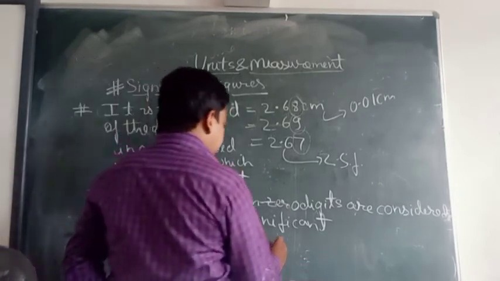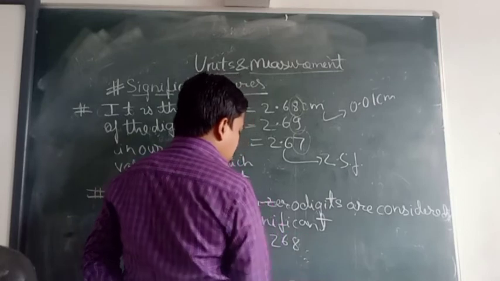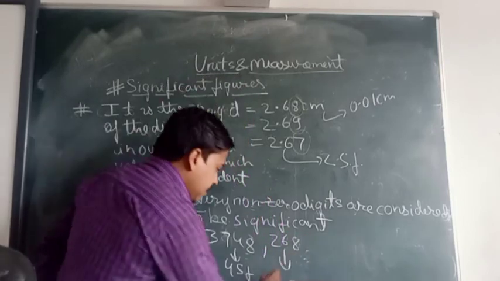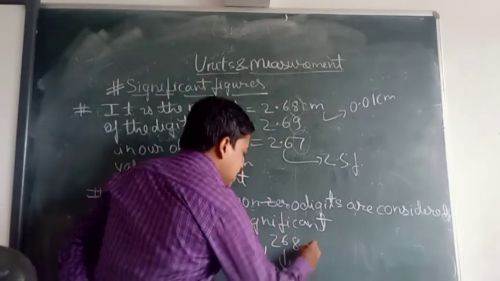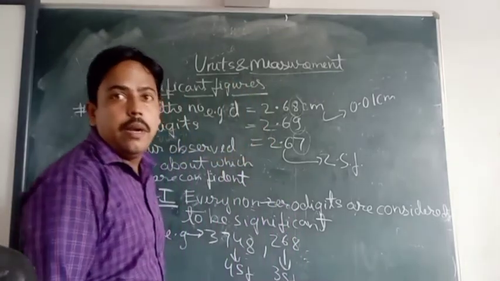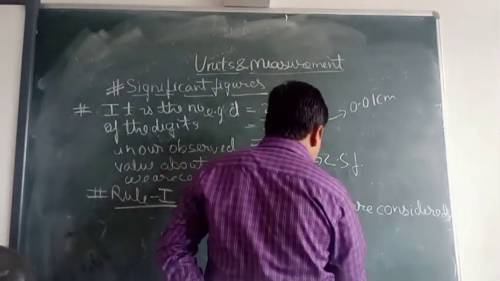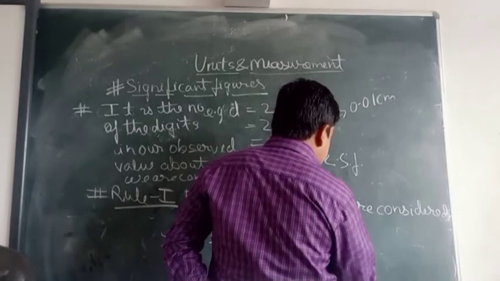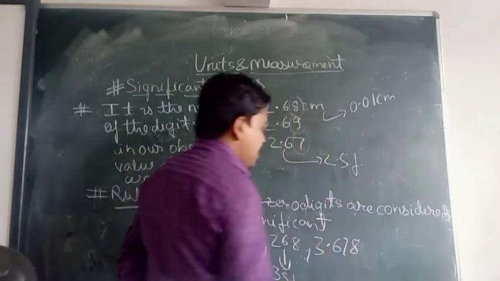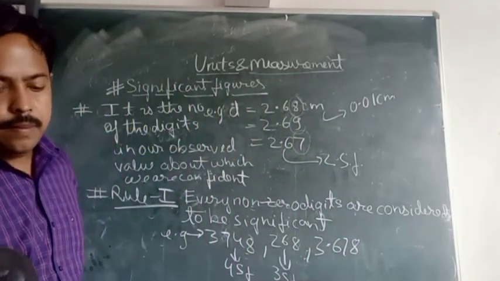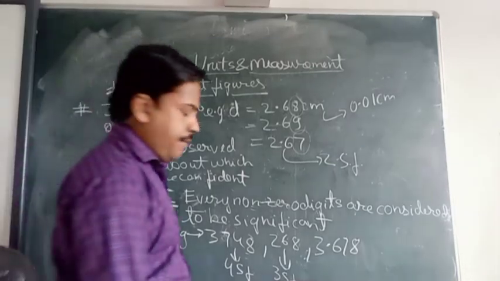Similarly, if we have 268, how many significant figures? 3 significant figures. Similarly, if a decimal is also included, 6.78, how many significant figures are here? 4 significant figures.